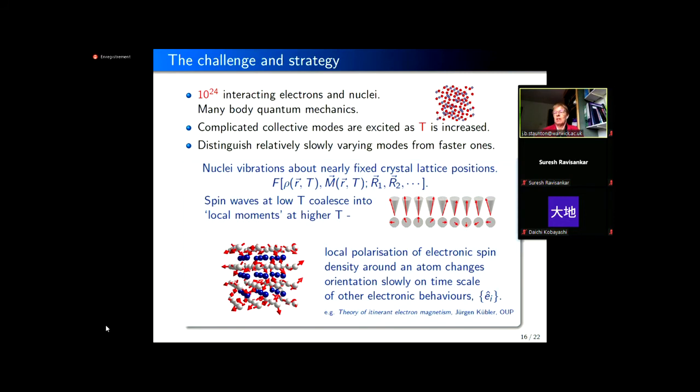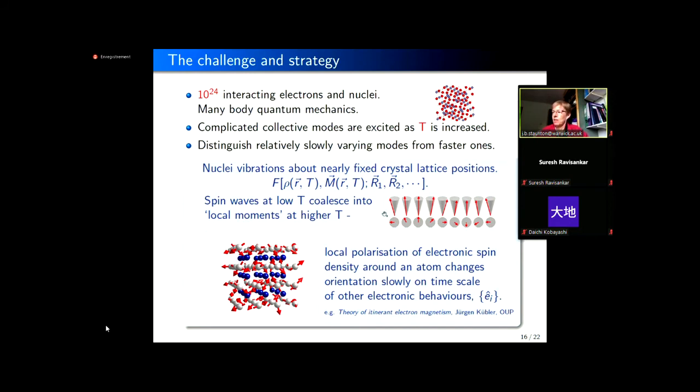If one waited a short time later, these would have moved to point along some different directions. So you've got these local moment configurations, which you're assuming are relatively slowly fluctuating in comparison to all the other electronic degrees of freedom in the system. That's the essence of what people are doing when they attempt to extract spin models from descriptions of metallic materials. So that's the idea.